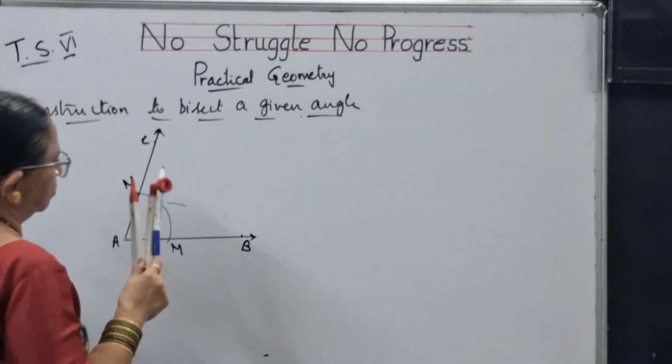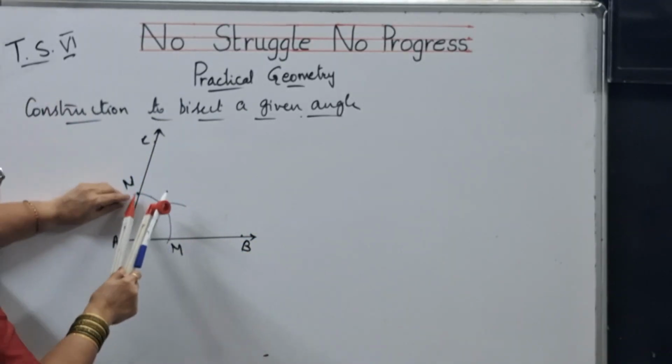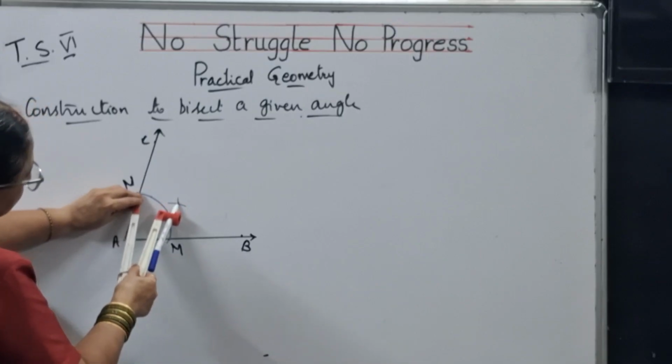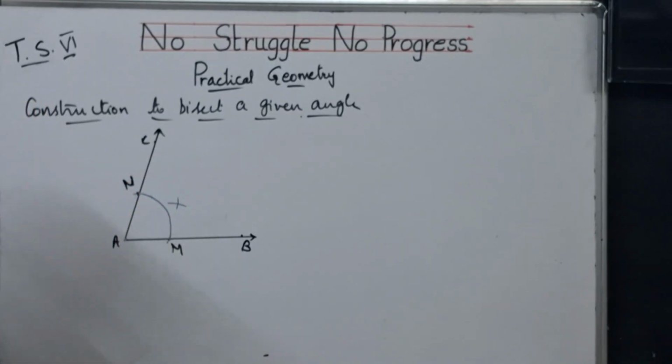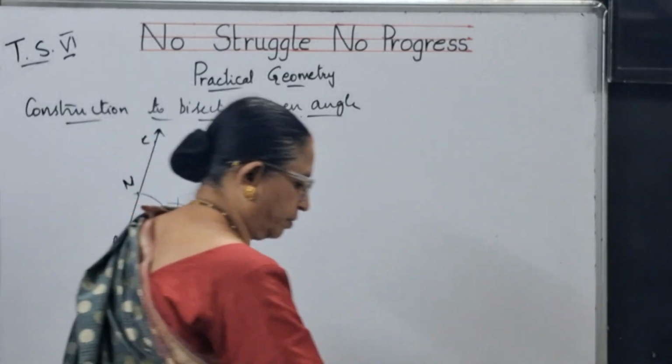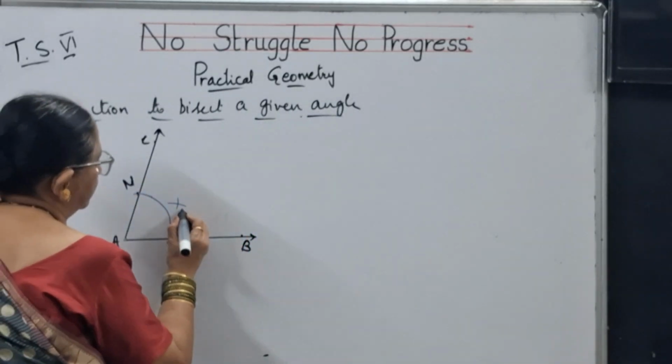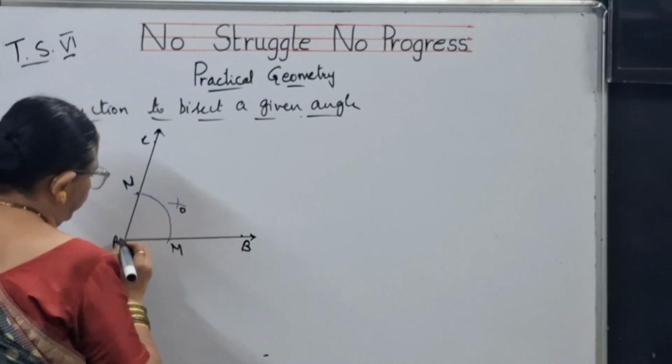Without disturbing the compass, with N as a center, cut this arc like this. Let us name this point as O.